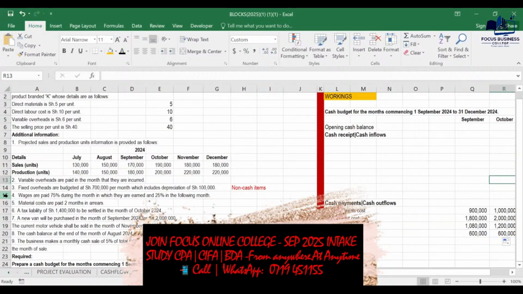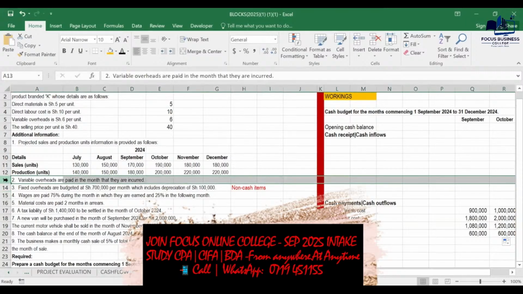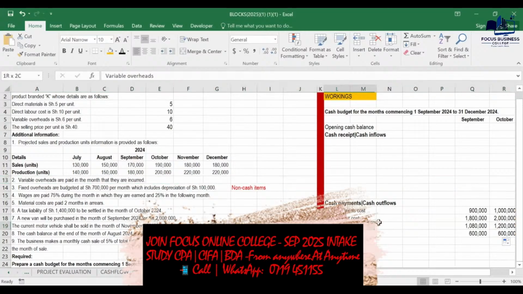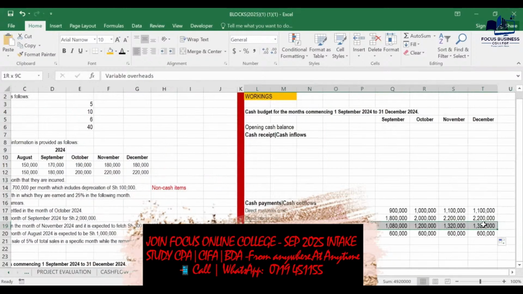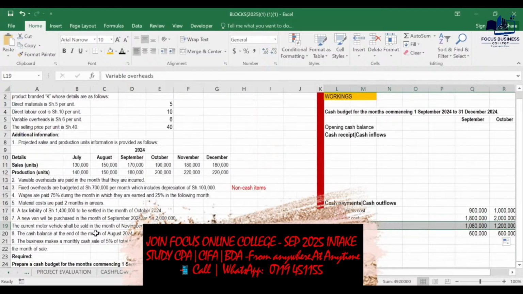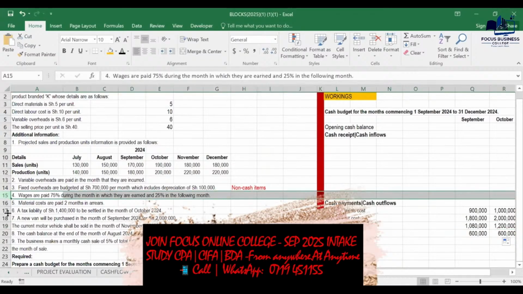I think we have made an error in relation to note number 2, because note number 2 specifically was relating to this variable overhead. Yes, I have seen we have made a mistake here. Because if you come to note number 4, this is referring to wages.